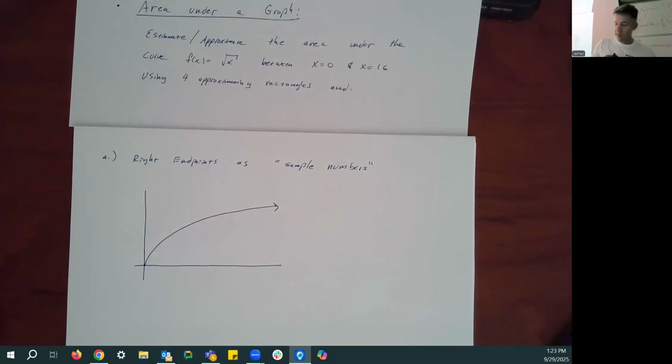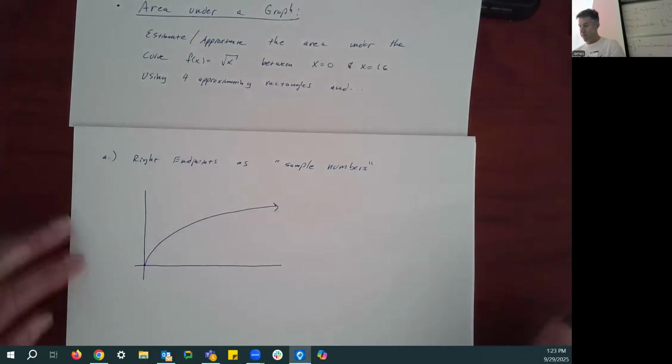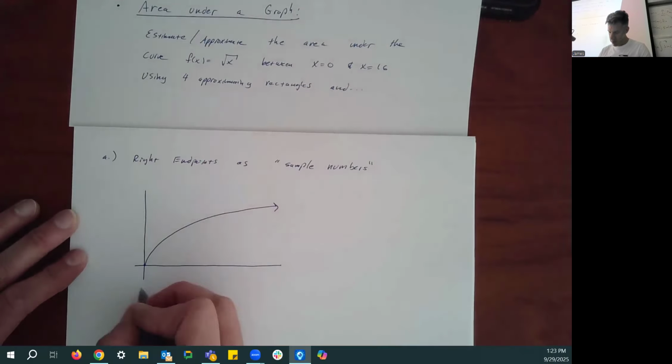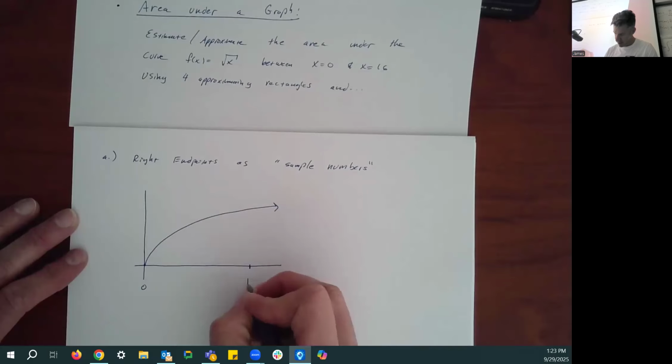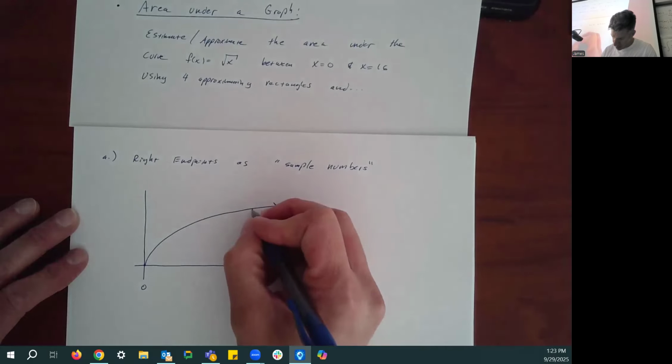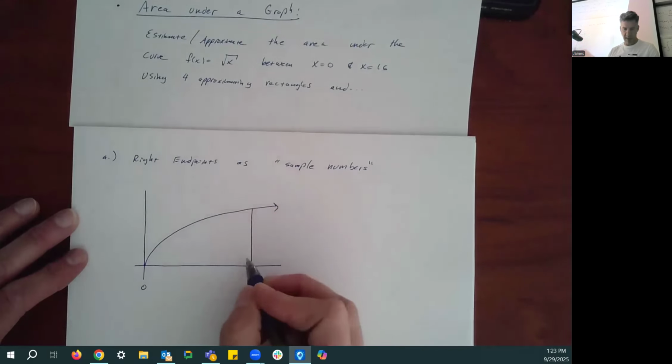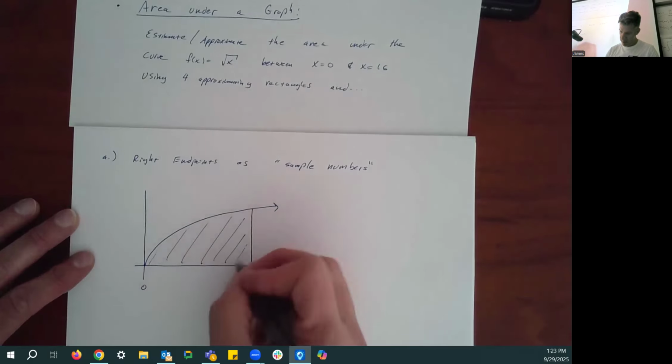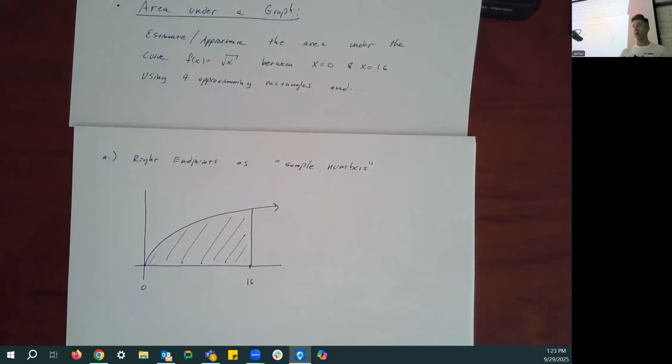So we've been told to use 4 approximating rectangles. Our interval is from 0 to 16. What we're going to do is approximate this area here; we're going to divide this area up into 4 subsections or subintervals, usually, but not always, of equal width.